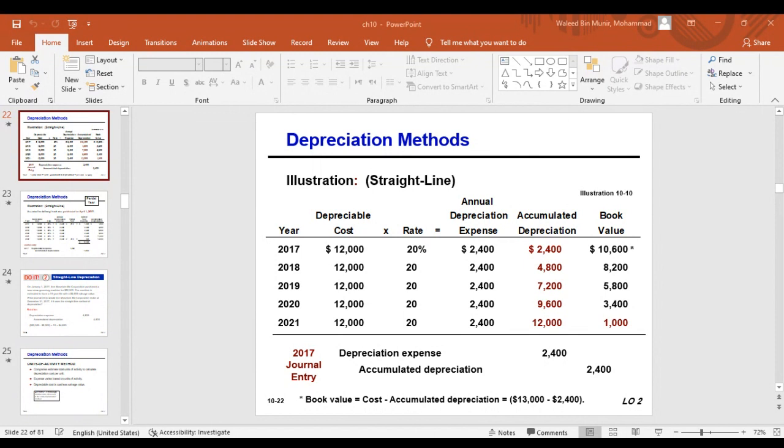Also for theory types of questions, you will see this information there as well. That's why it is an important concept which we need to remember: the book value cannot be less than the salvage value. It should be the same.